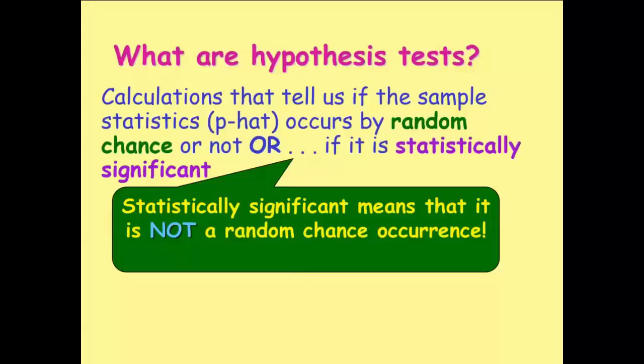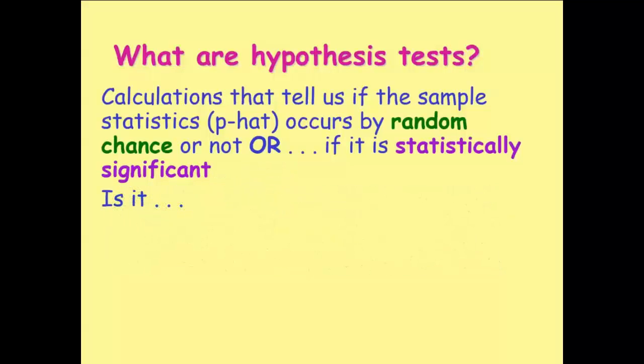It's simply to say, when we look at the data we collected, based on the overall impression of what we think should happen, it would occur a certain percent of the time. And that percent, that probability, that p-value, is what we use to determine whether or not the sample is evidence of something bigger going on. So statistically significant means it is not just due to random chance. Okay, so if it's not due to random chance, then what is it? And that's what we're trying to look at.